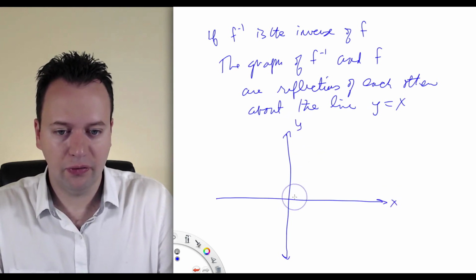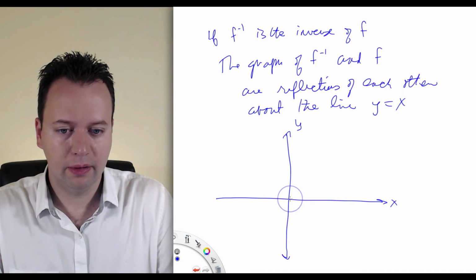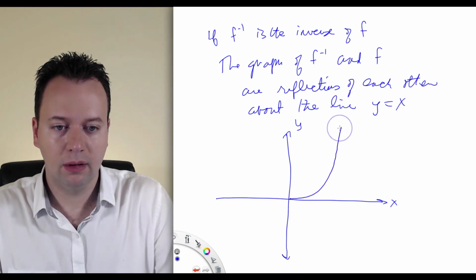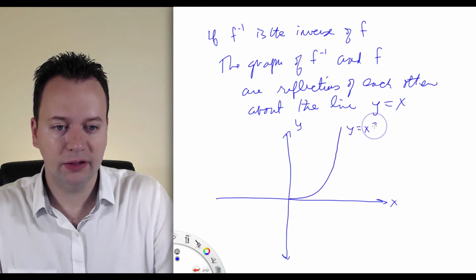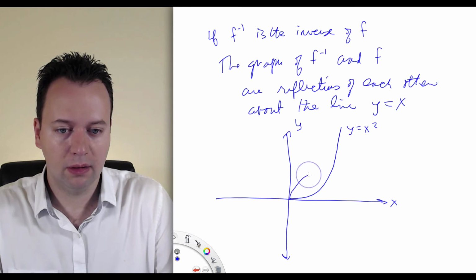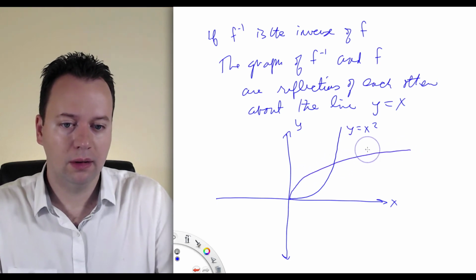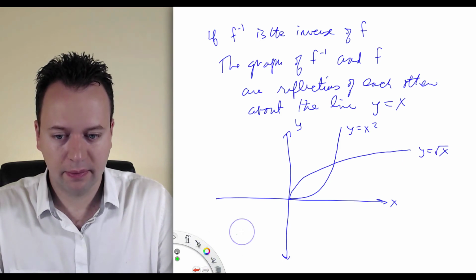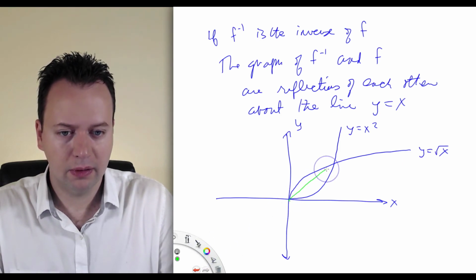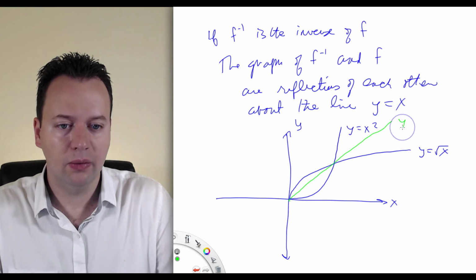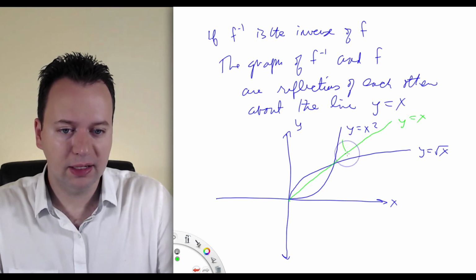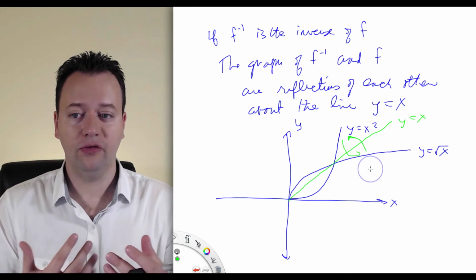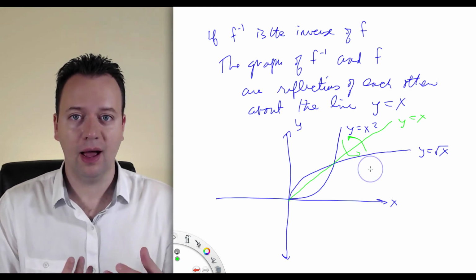So, for example, there's y is equal to x squared, and here's y is equal to the square root of x. And here's the line y is equal to x. So basically, the function and its inverse are reflections of each other about the line y is equal to x.